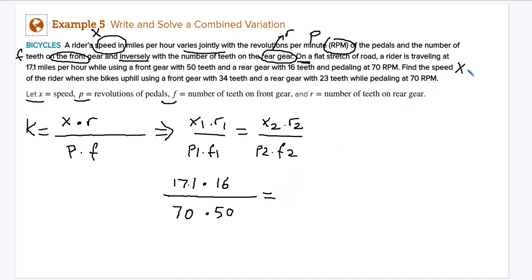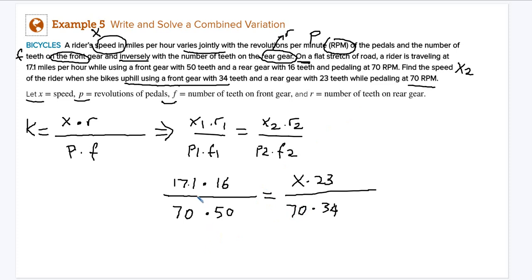Looks like we are looking for the speed, the X2, or just X, of the rider when she bikes uphill using a front gear of 34 teeth. So 34 is the front. We will have a 34 here. Times a rear gear with 23, which is right here. That's R2, the rear. While pedaling with the same rate, that is 70 still.